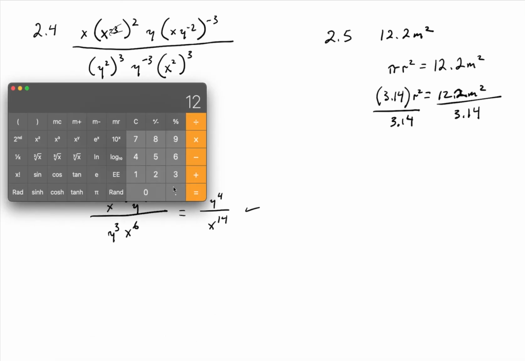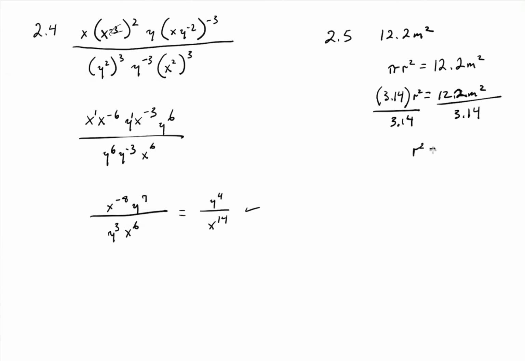So 12.2 divided by 3.14, right? That's going to give us approximately 3.885. We can say 3.89. So r squared is going to be approximately 3.89 meters squared, right?